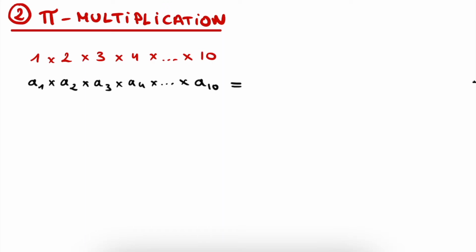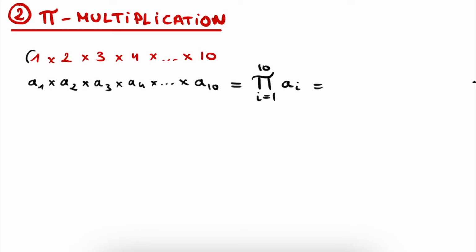Now we can write this multiplication of 10 numbers simply as writing a capital Pi, which is the capital letter P in the Greek alphabet, and again the general placeholder A_i for the number on position i in our multiplication. In this case, i goes from 1 to 10, and we know in this specific case that A_i, the value of the number on the ith place in our multiplication, is simply the index itself.